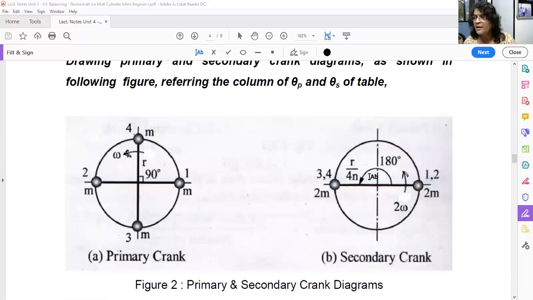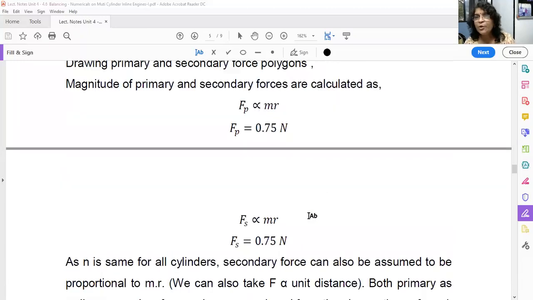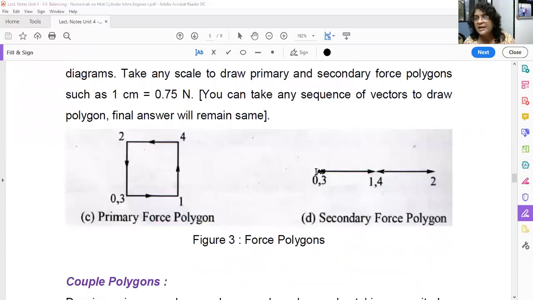Again I am telling you, you can take any sequence. Let us assume 1 and 2 are in this direction, 3 and 4 in this direction. Let us start from O, the starting point.